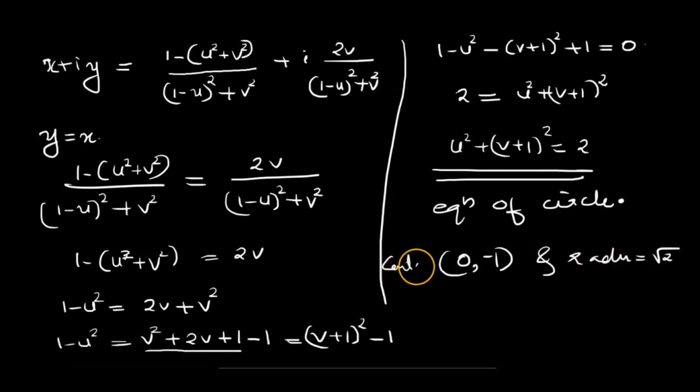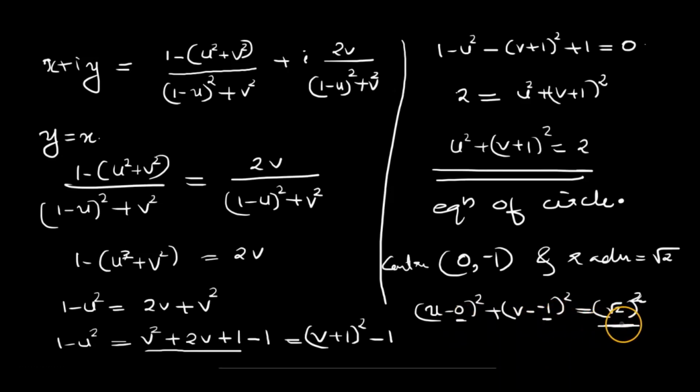That is, the equation is (U minus 0) whole square plus (V minus (minus 1)) whole square equal to (root 2) whole square. This is the equation of the circle with the center (0, minus 1) and the radius root 2. So, hence we proved.